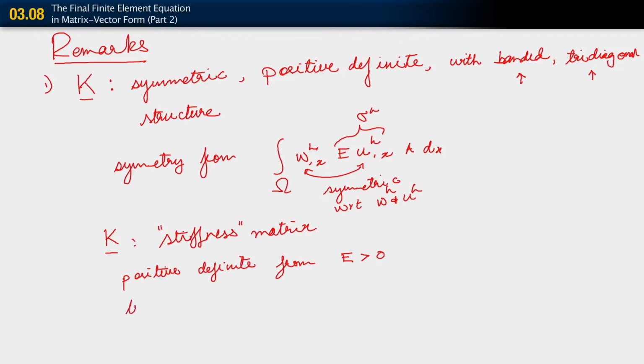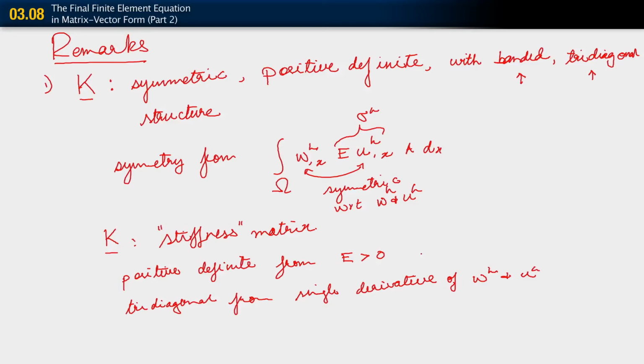So tridiagonal comes from the single derivative on WH and UH, in this form that's before us in the integral.